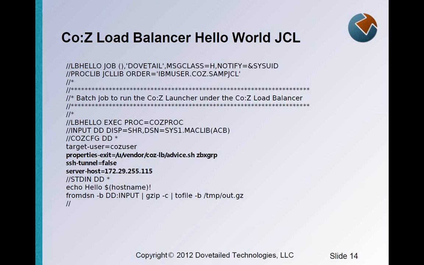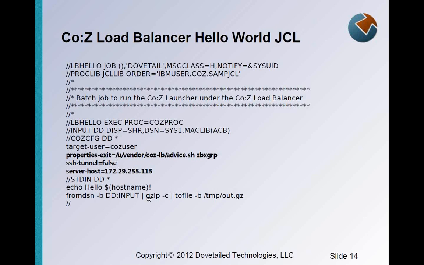The first thing it does is use a Cozy dataset pipes utility called fromDSN to read from DD input. If you remember, we defined that to be this ACB member of the sys1.maclib. It reads that input in binary.